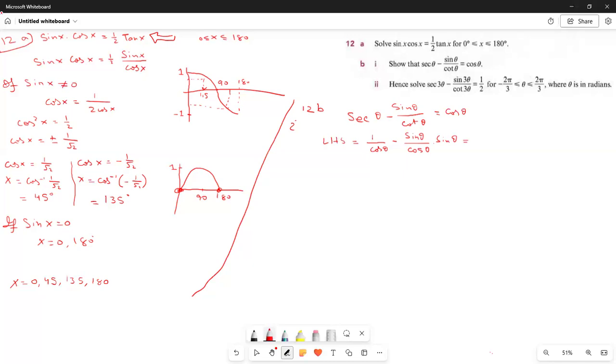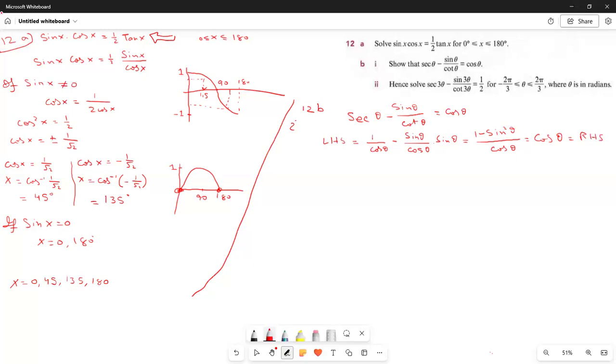You can see in the numerator I have 1 minus sine square theta, and in the denominator it's common, so I have cos theta. So 1 minus sine square theta is cos square theta. Cos square theta divided by cos theta is simply cos theta. So this is our right hand side, so we proved this equation.